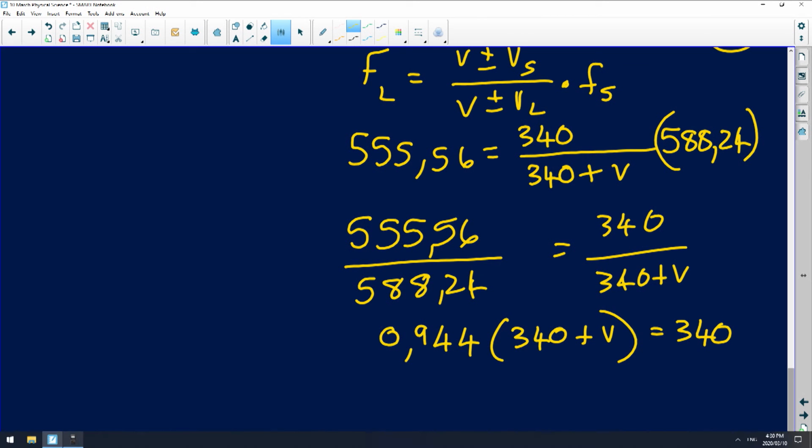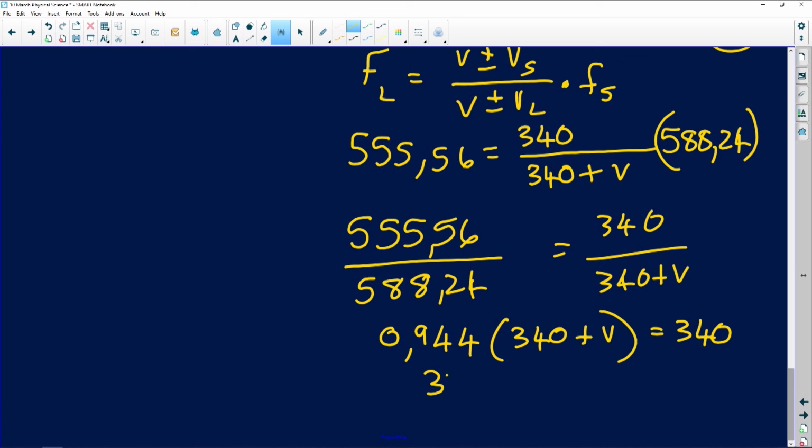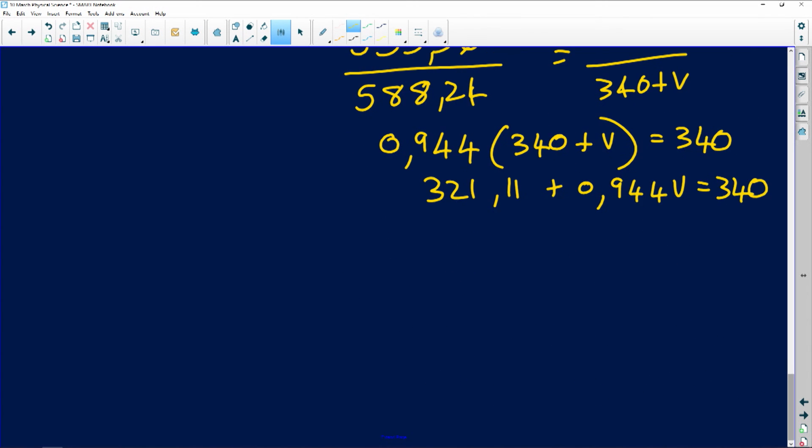Now we need to multiply out here, so 0.944 multiplied by 340. We're applying the distributive law. And this is 321.11 plus 0.944V equals 340.